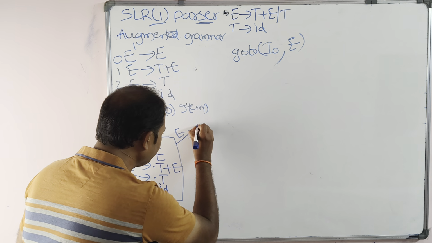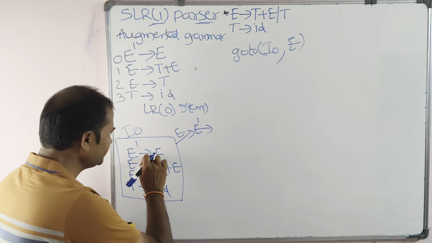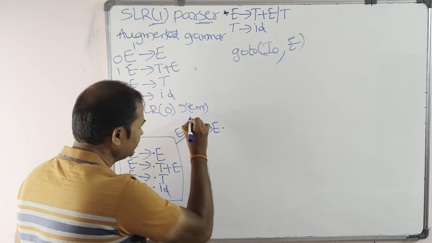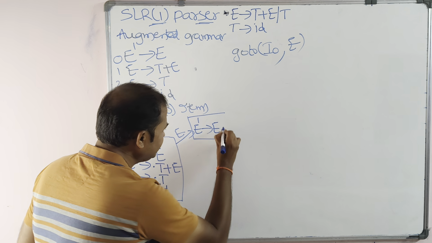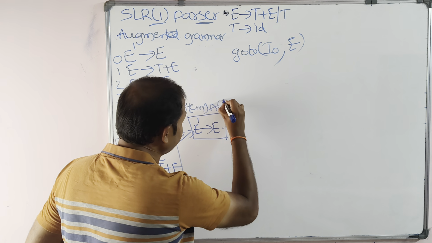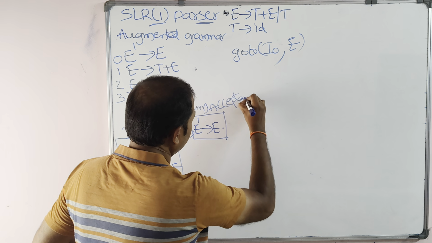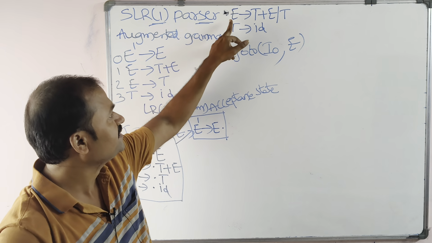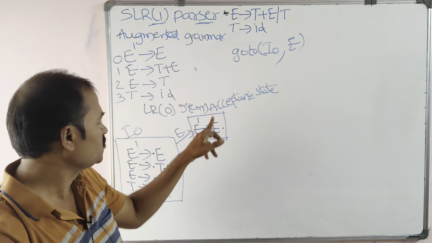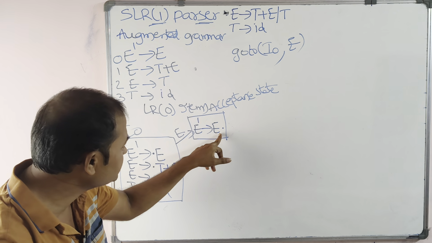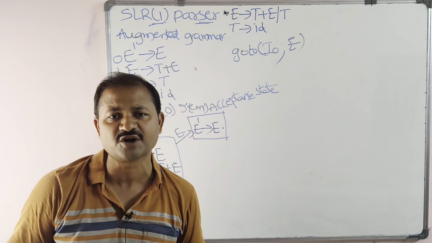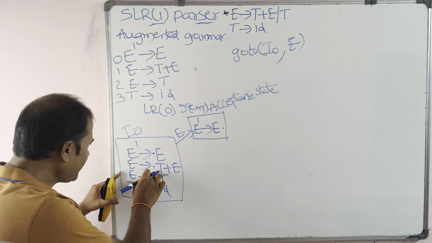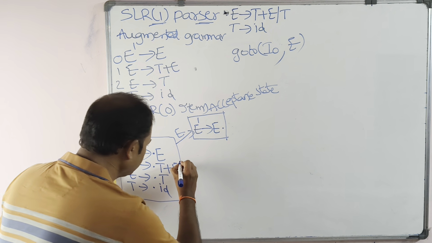So the new production will become E dash produces E dot. This state is called the acceptance state. Why? Because E is the starting symbol. So if we get a state E dash produces E dot, then the corresponding state is called the acceptance state.